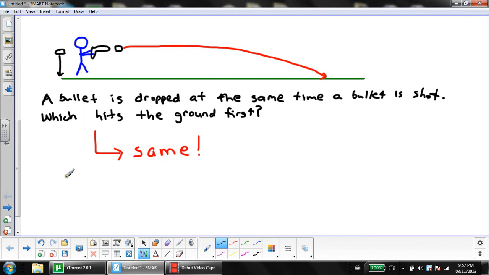So we can write here, motion in x is independent, and you should make sure that you write this down.